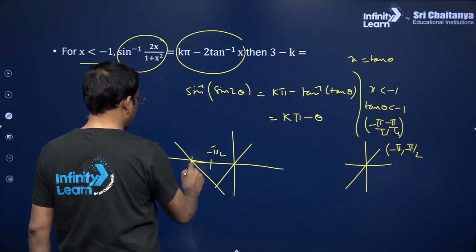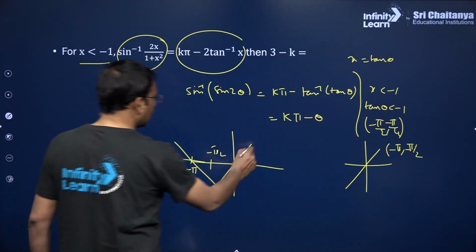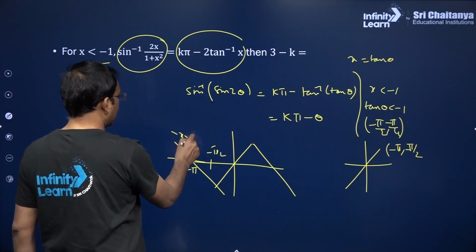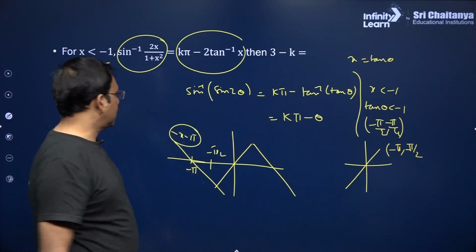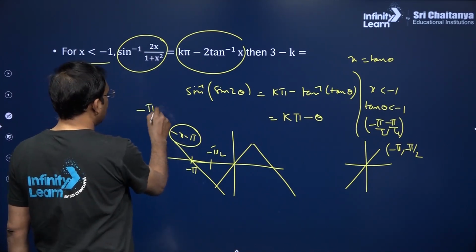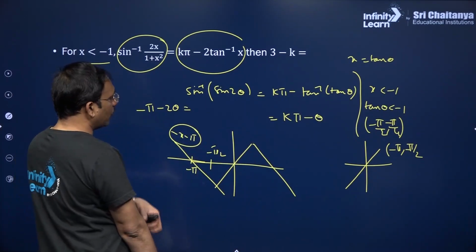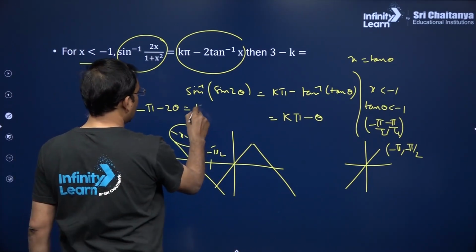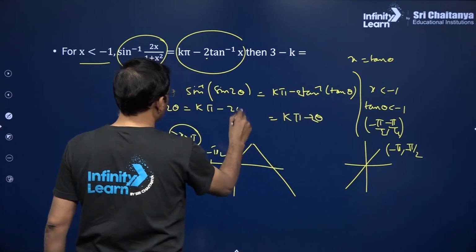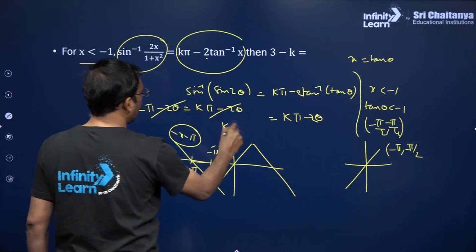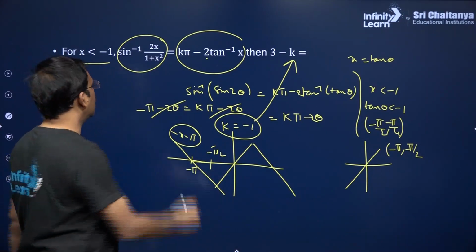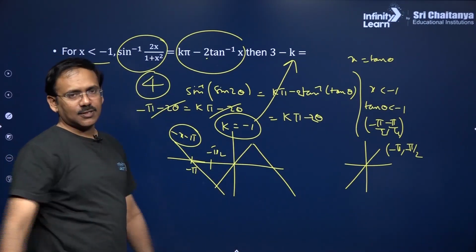X is 2 theta, my dear friends. So minus pi minus 2 theta is going to be, you can say, k pi minus 2 theta. So 2 theta got cancelled, and the k value is minus 1, my dear friends. If you put k is minus 1, 3 minus of minus 1 is 4. 4 is the answer. Okay.